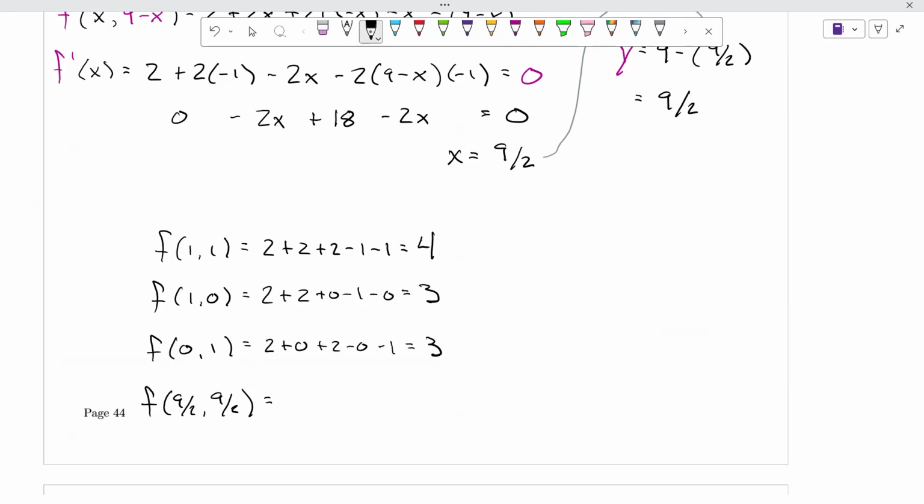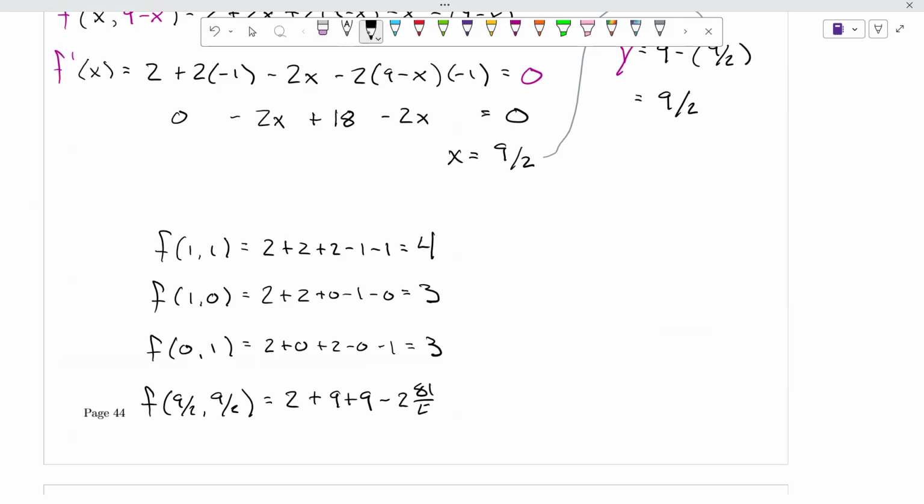And if I'm looking at 9/2, 9/2, let's see, this would be 2 plus 2x plus 2y, 9 plus 9? Minus, on the other side, I'm going to get 9 over 2 squared twice. So minus 2 times 81 over 4. Let's just call it that.